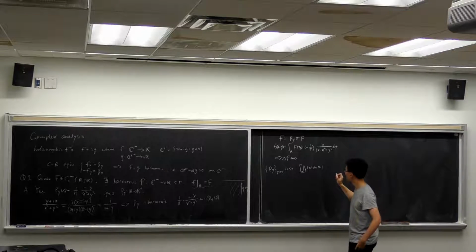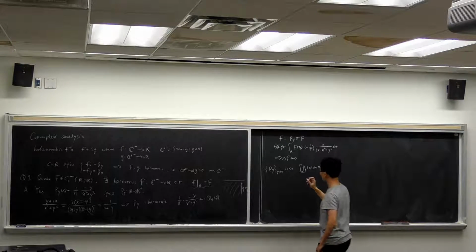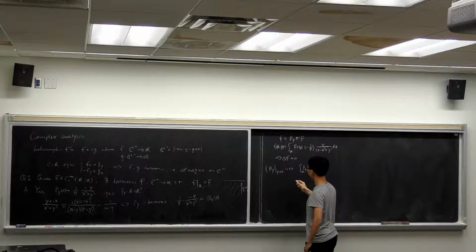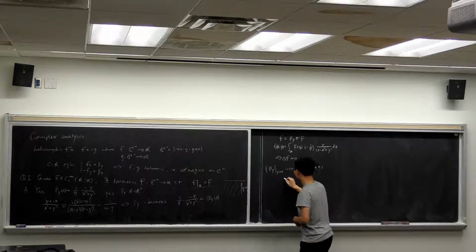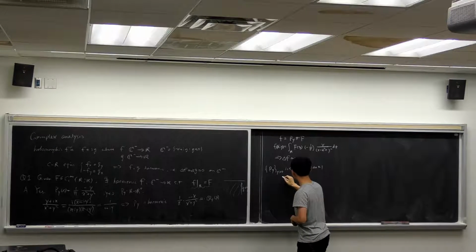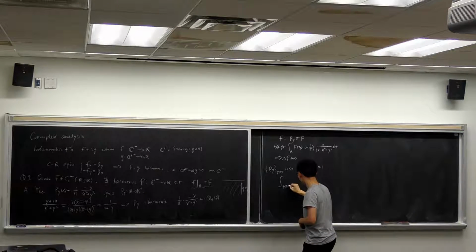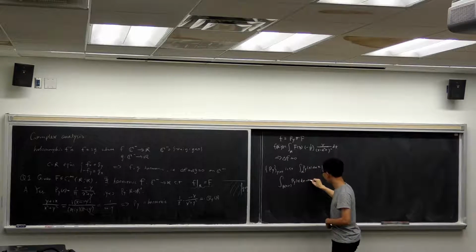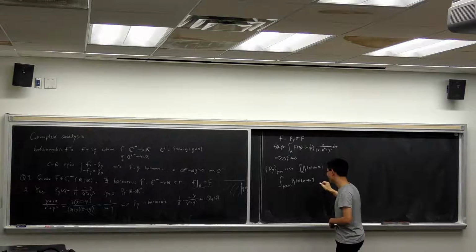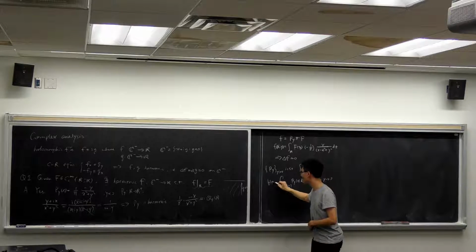And what else? So for any fixed ball of radius r, the integral of P_y of x dx is going to converge to 1 as y goes to 0, and this is true for all r.